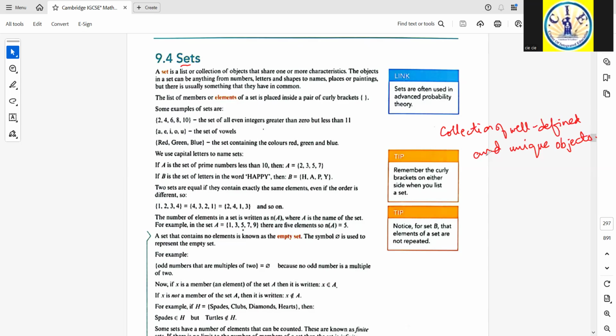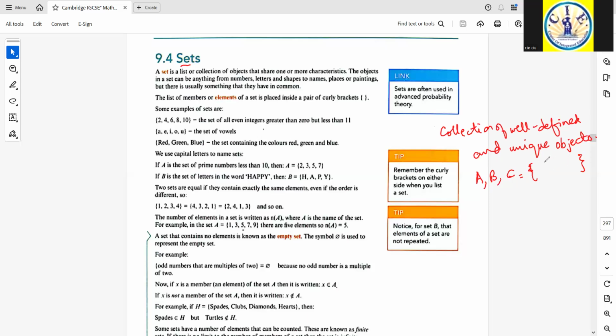So normally we represent the elements of a set by capital English alphabets like A, B, C, etc. And the elements of this set are represented within these curly brackets.